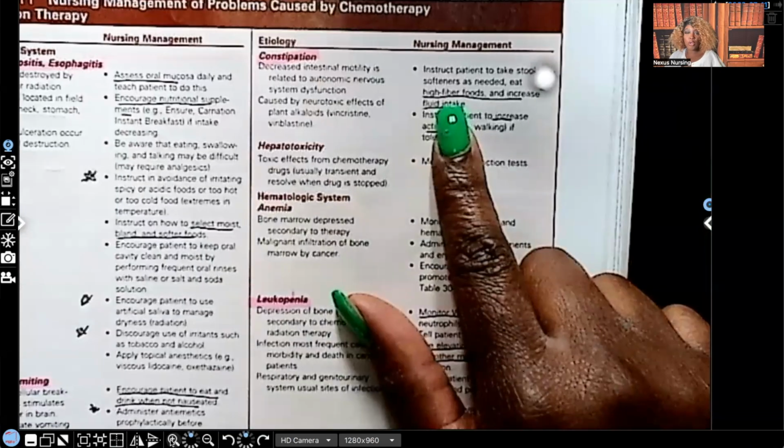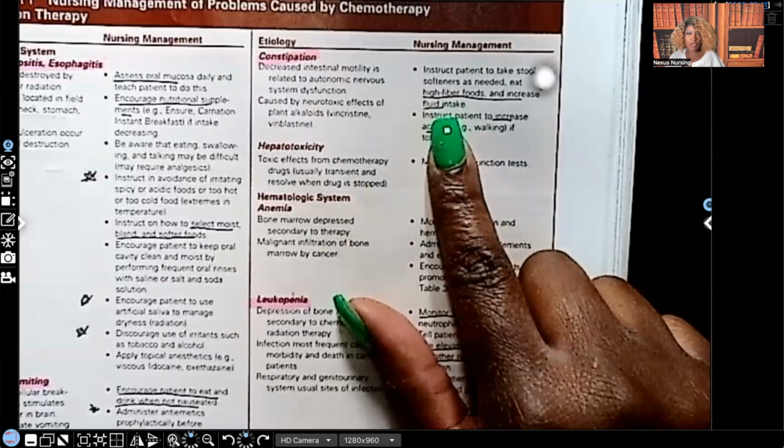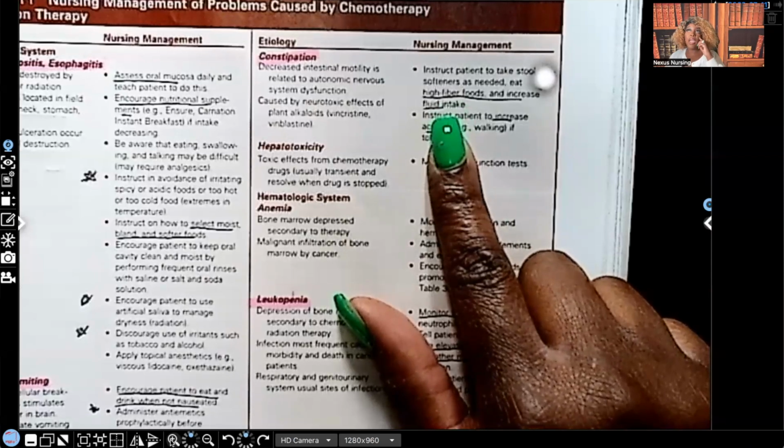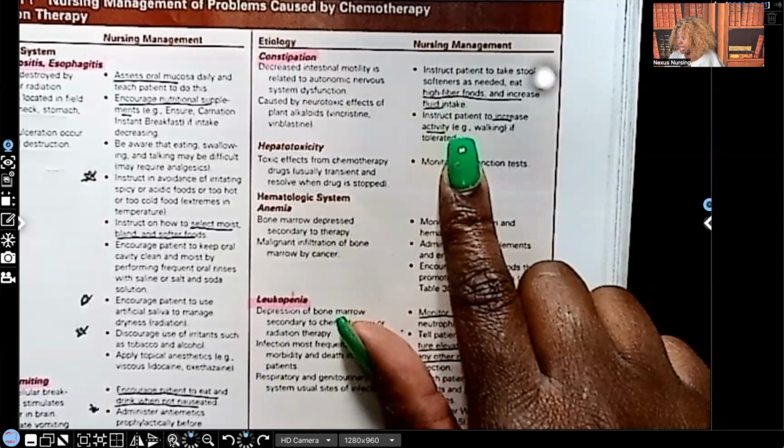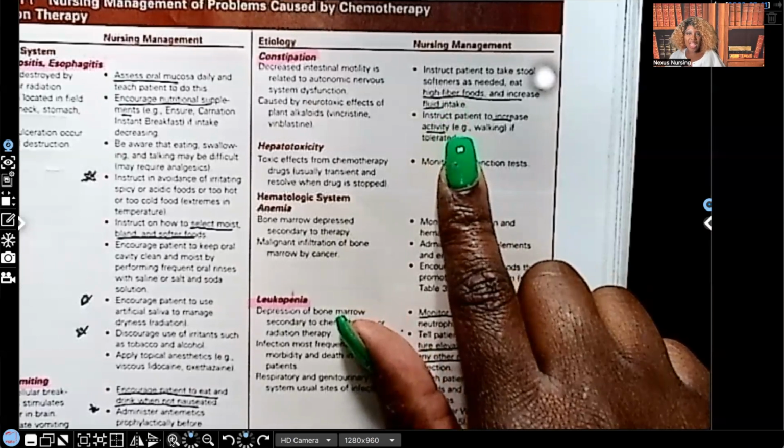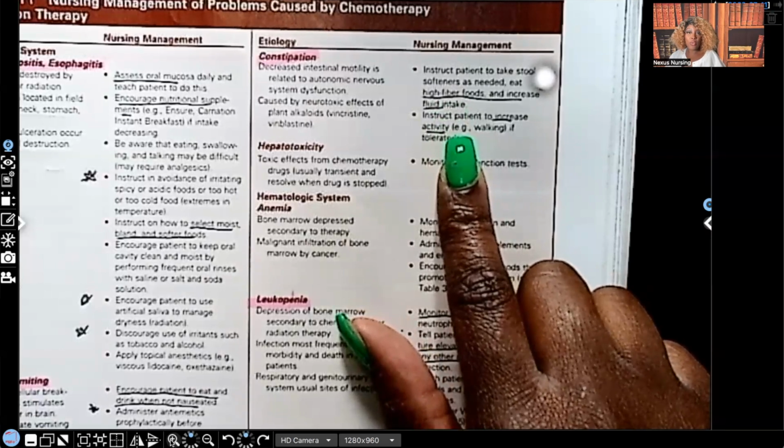Constipation, you're going to encourage high fiber foods and an increase in fluids. That fluid, guys, is going to help make the stool not be as hard so the patient can pass the stool easier. Increase activity, you know that, moving around, walking. That increase in activity increases the peristalsis in the GI tract.